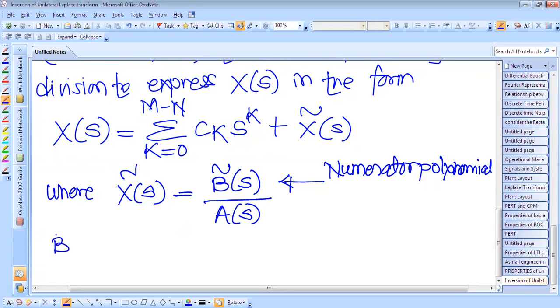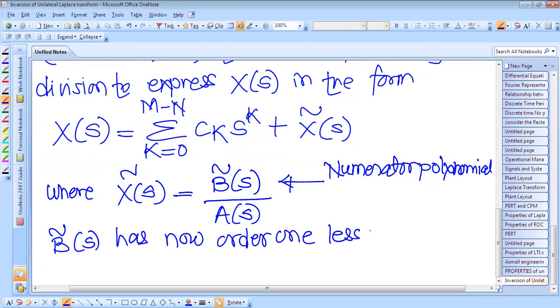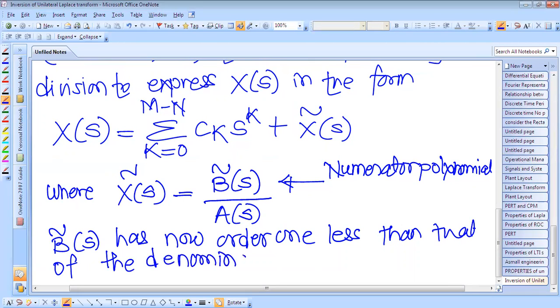This numerator polynomial B tilde of s now has order 1 less than that of the denominator polynomial.